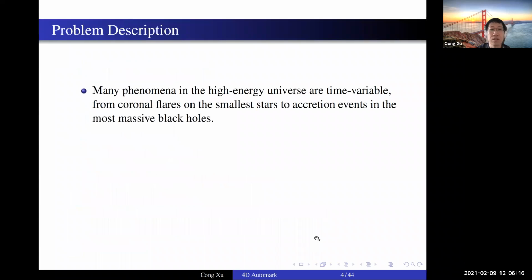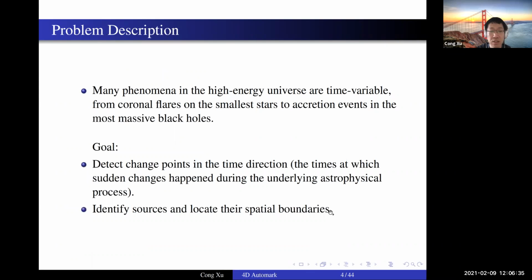Okay. So the first one, let's look at the background of this problem. It's pretty common that we are interested in some time varying phenomena, for example in this astrophysics background. The thing we are interested in is that we want to detect change points in the time direction, which means the time at which we can see some sudden changes happening.